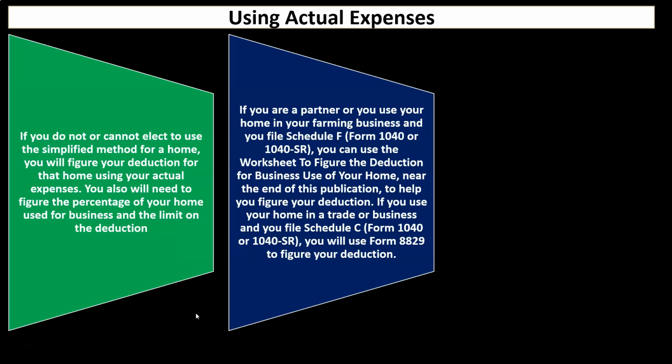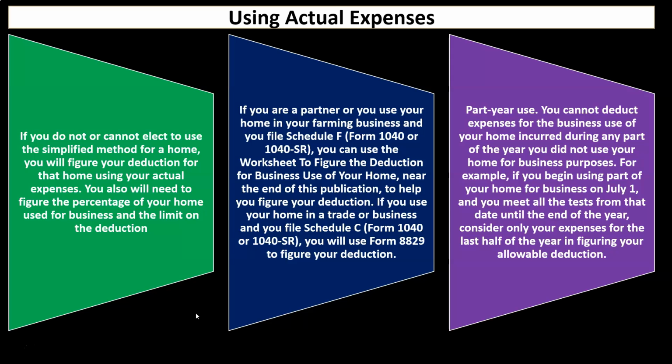If you use your home in a trade or business and you file Schedule C, Form 1040 or 1040-SR, you will use Form 8829 to figure the deduction. We'll take a look at Form 8829 in a future presentation, but the instructions for Form 8829 could be a useful tool if you have questions and want to do further research on it.